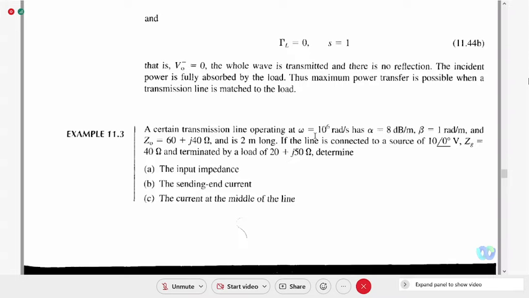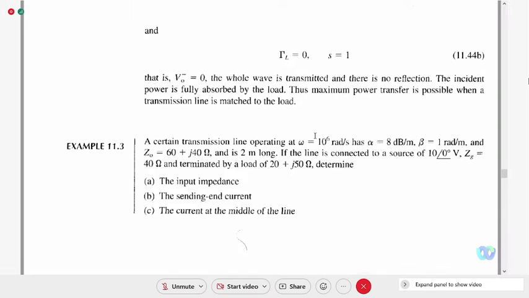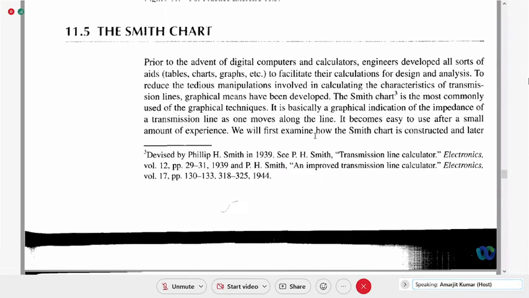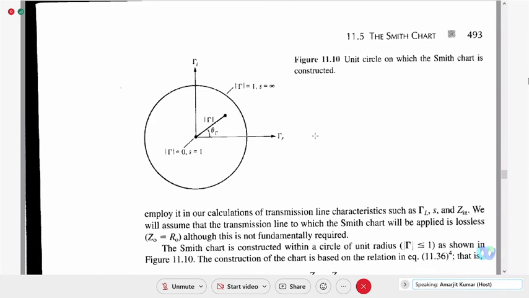Some questions are there that you can solve, no problem. I will start this Smith chart. So Smith chart is a graphical tool, a graphical method of calculating the reflection coefficient, impedance on the transmission line, the input impedance, and the standing wave ratio.